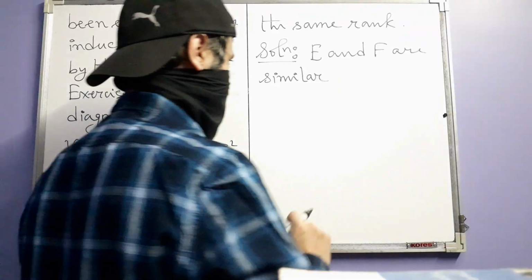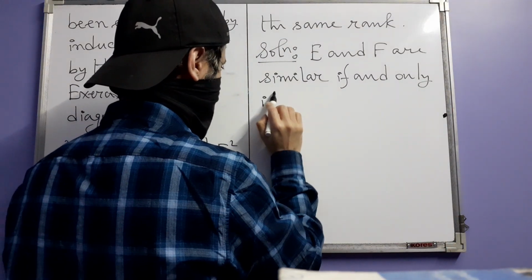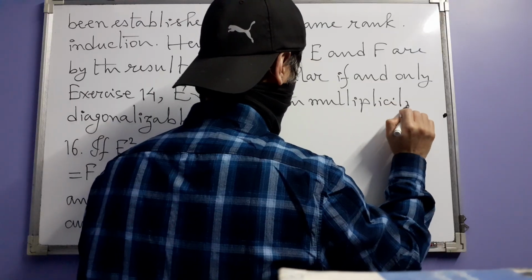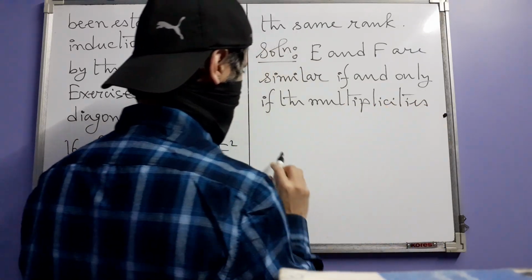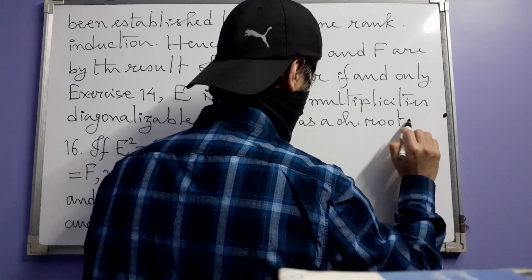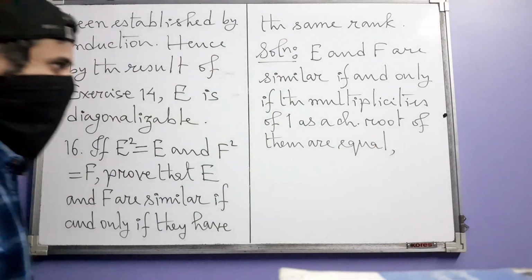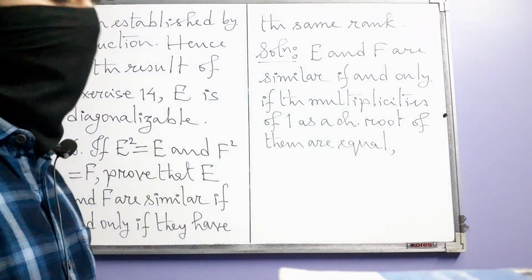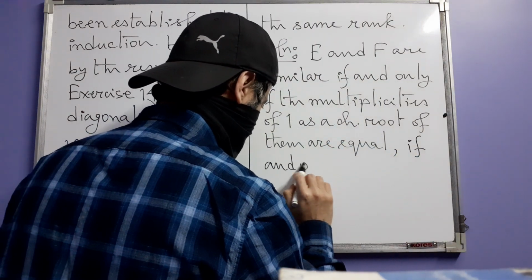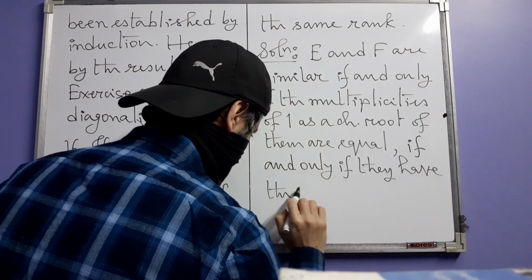So all these facts already are there with them, if and only if the multiplicities, and because of all those things, multiplicities of 1 as a characteristic root of them are equal, and this multiplicity actually is the rank of these operators, and that is why we continue with if and only if they have the same rank.